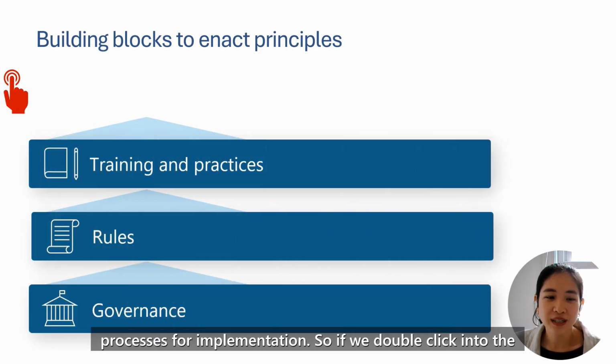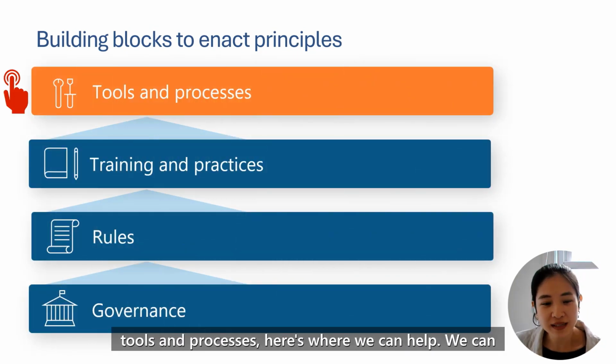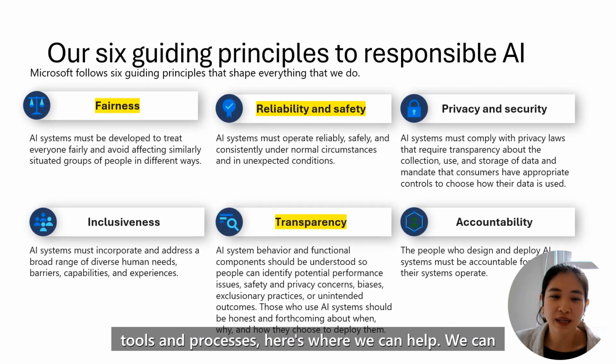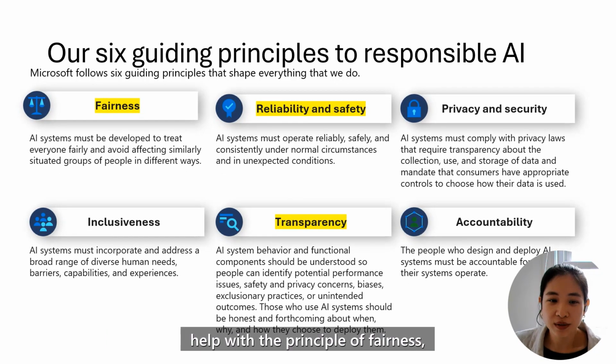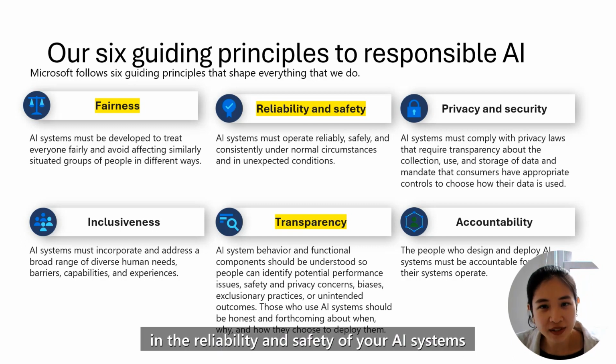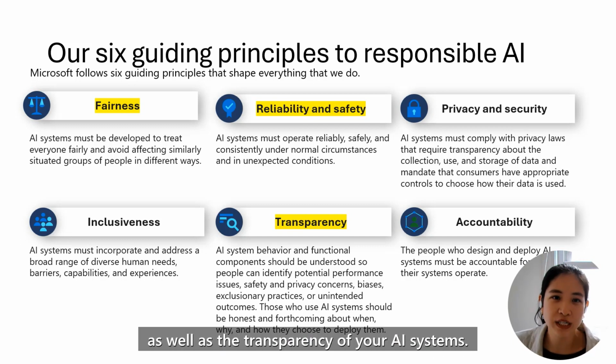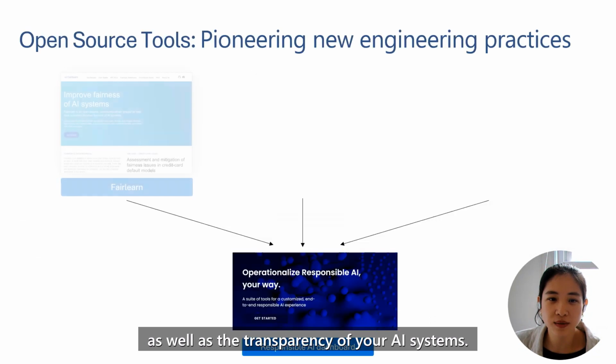So if we double click into the tools and processes, here's where we can help. We can help with the principle of fairness, the reliability and safety of your AI systems, as well as the transparency of your AI systems.